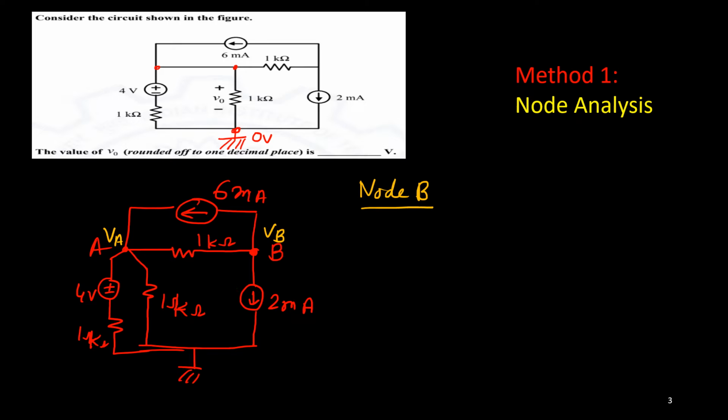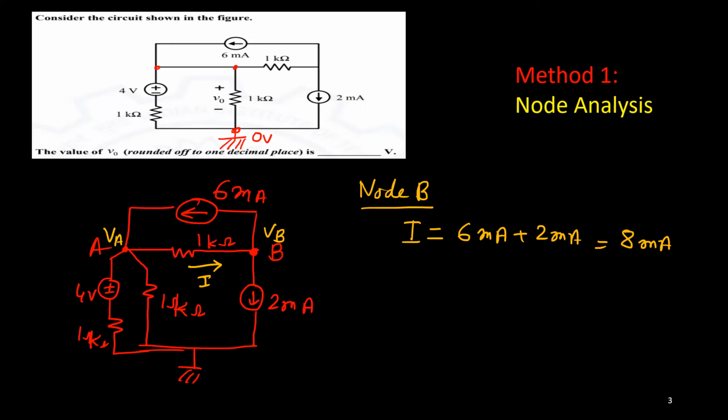If I assume this current, capital I, is the incoming current, then the incoming current I should equal the two outgoing currents, 6 milliampere plus 2 milliampere, because this current I comes in and has to go through this side as well as this side. If you apply KCL, total incoming current equals total outgoing current, so this is equal to 8 milliampere.